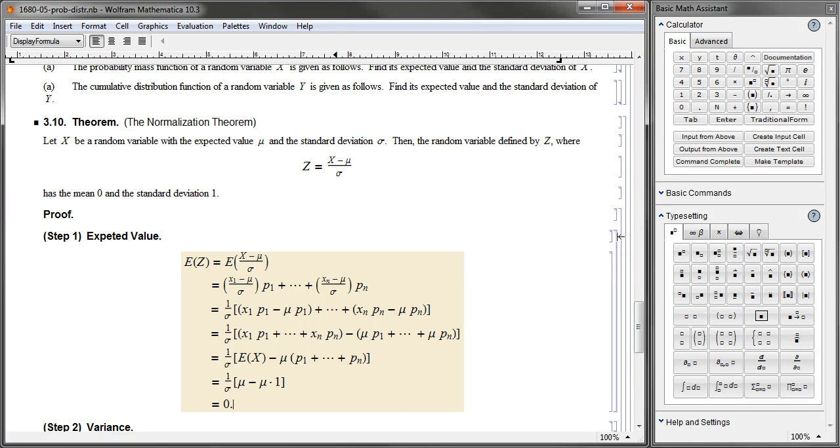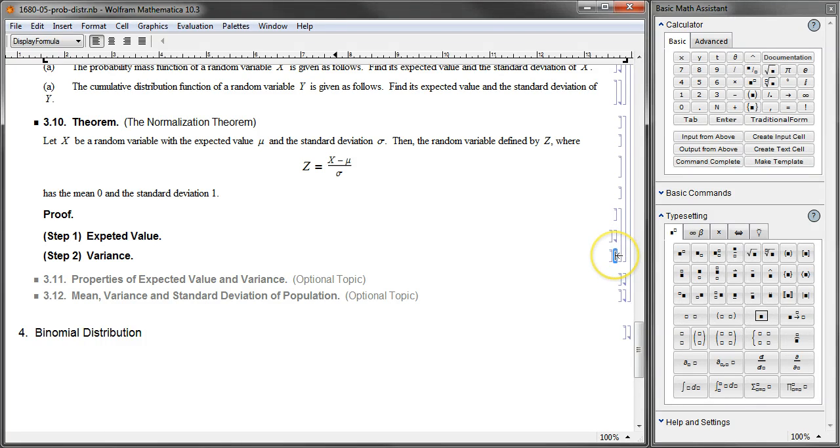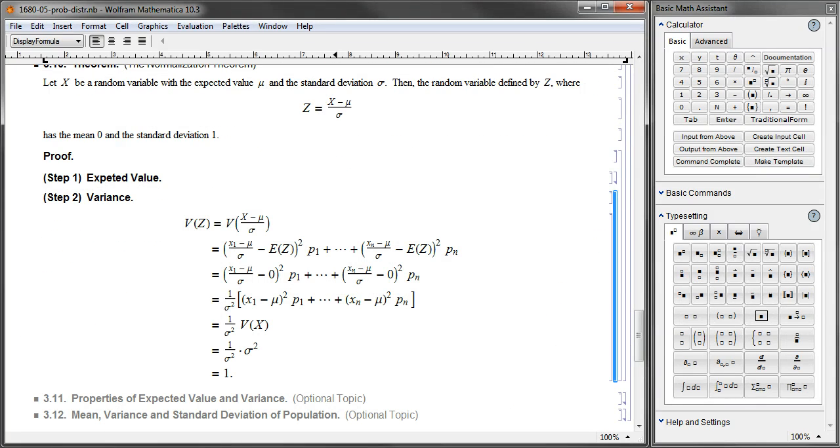Interested students only. Variance will be even more challenging. The variance of (x minus mu) over sigma: this random variable takes x1 minus mu over sigma, x2 minus mu over sigma, and so forth. So that value minus the expected value, squared, is the deviation squared.